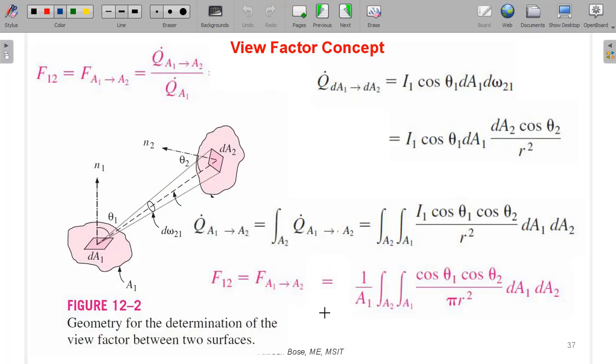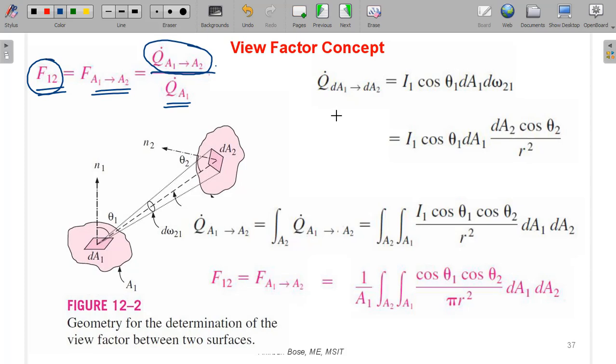So here is the idea. Already we have discussed that the view factor, if you are looking from A1 to A2, is equal to the rate of radiation energy leaving from A1 and striking A2, divided by the total radiation energy coming out of A1. So this ratio is called the view factor 1 to 2.